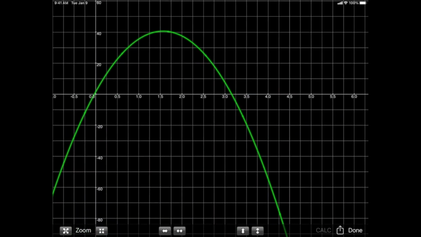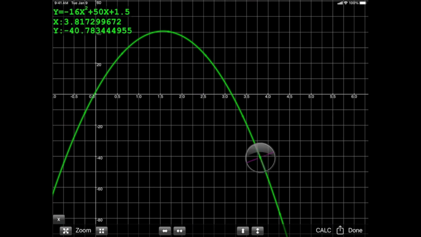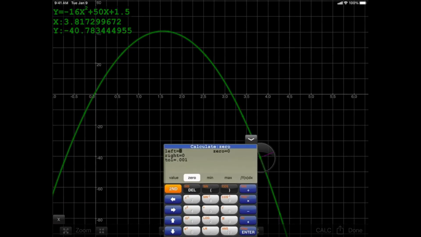All right, what we said was look for the word calculate. On mine, I had to touch the graph, and calc is on the bottom. Okay, so it says left bound, and I'm going to focus on the one that is between 3 and 3.5.